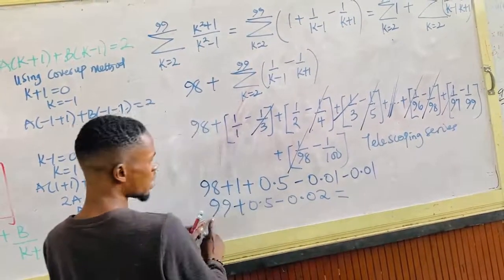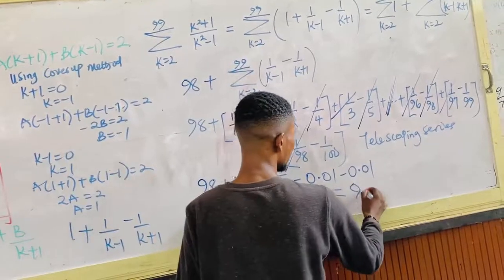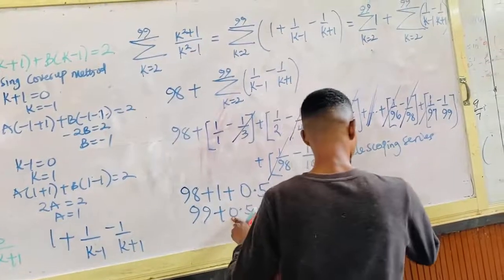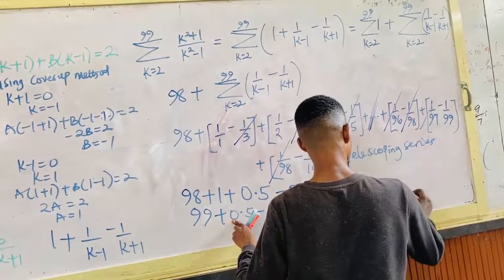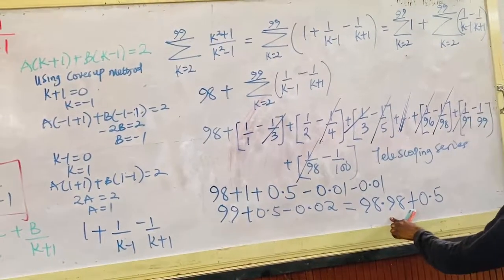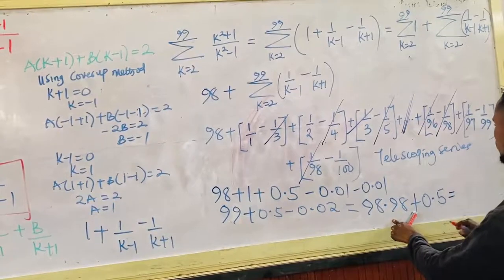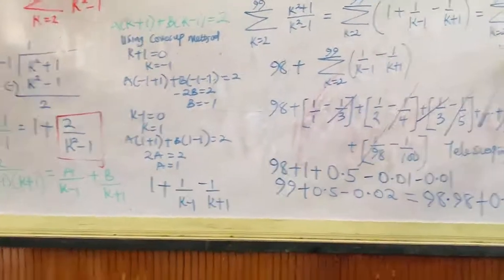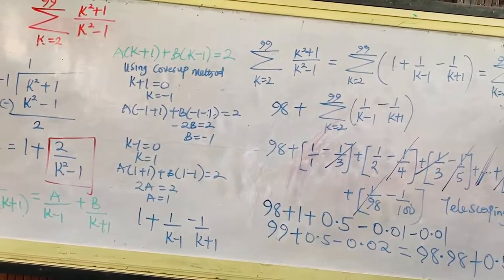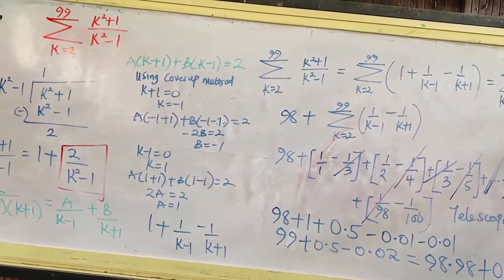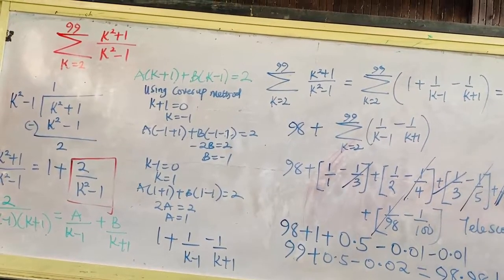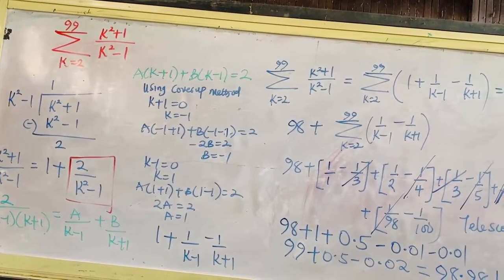So 99 minus 0.02 is 98.98, plus 0.5. That's 99.48.